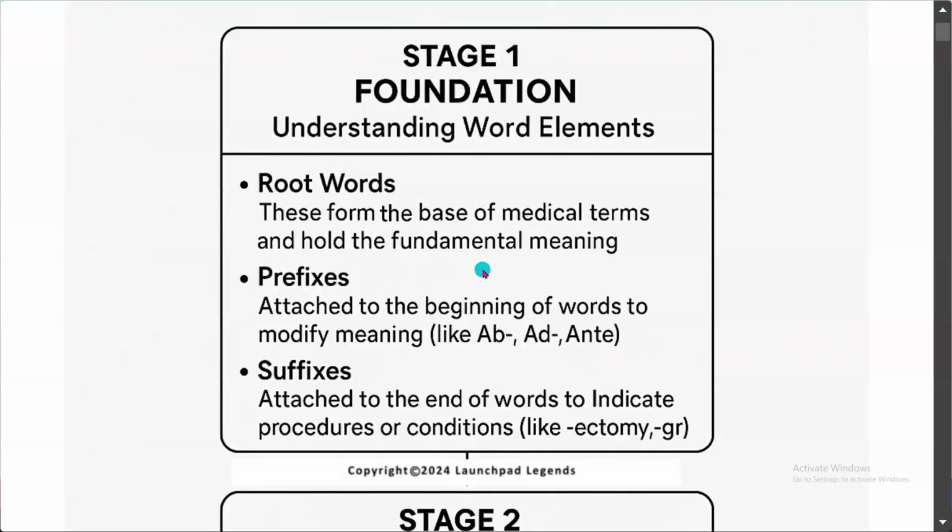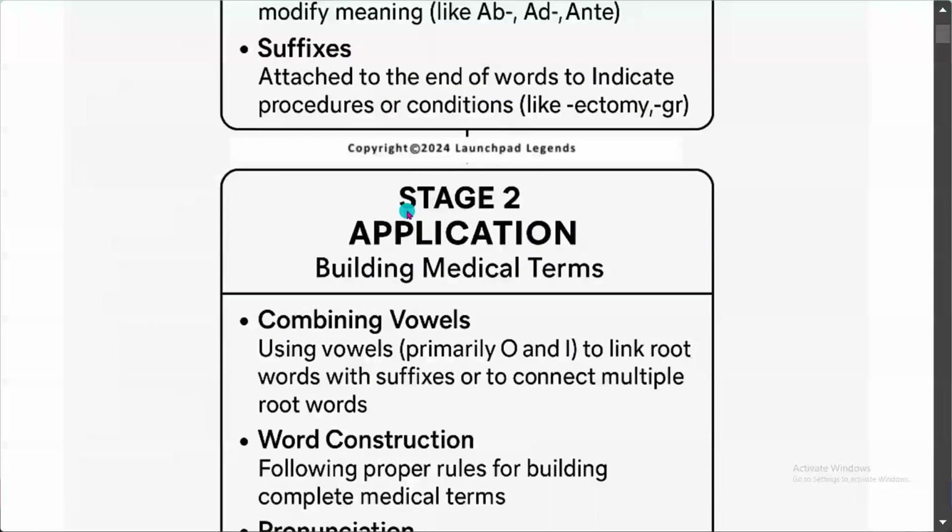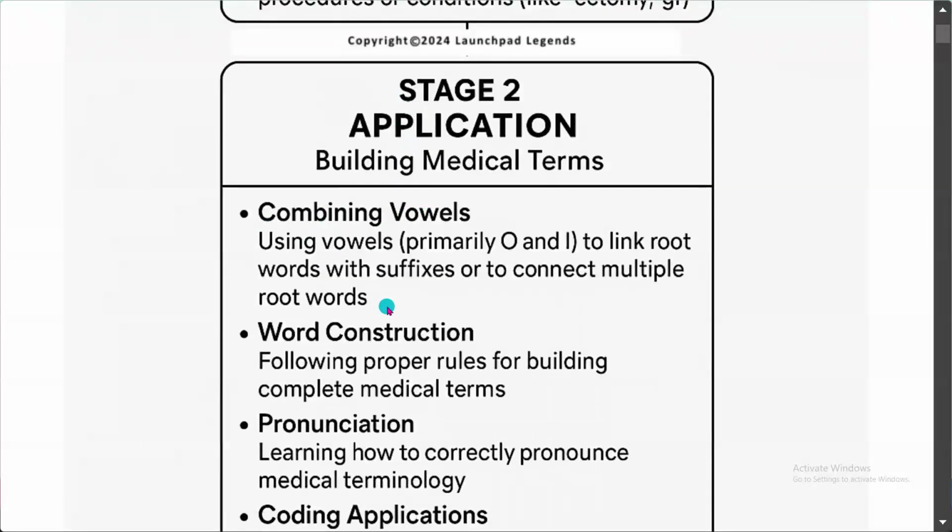So what is a root word? These form the base of the medical term and hold the fundamental meaning. Prefix is attached to the beginning of the word to modify meaning, and suffix is attached to the end of the word to indicate procedure or condition. The combining vowel connects multiple root words.